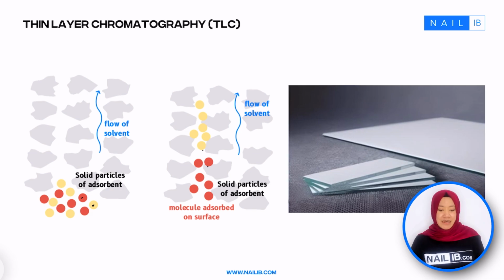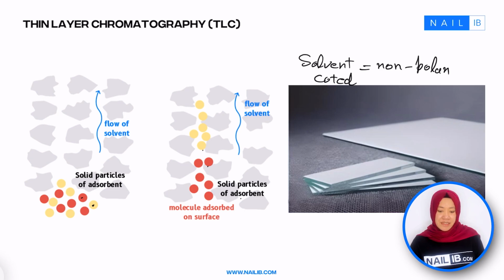Why? I'll explain it. First, you need to know that the solvent that will be used for thin layer chromatography is mostly a non-polar solvent. So the solvent is non-polar, and the coated material like silicon dioxide or aluminum oxide is polar.